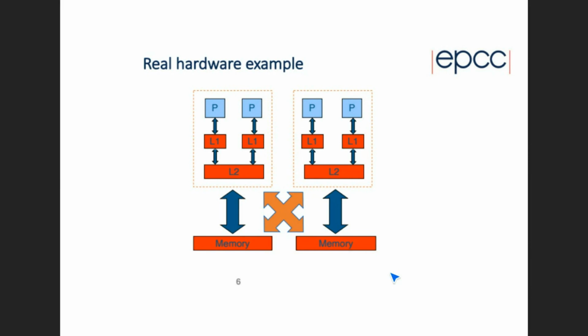Then every core has its own level 1 and level 2 cache, and every set of 4 cores shares a level 3 cache. So it's really quite a complicated and hierarchical memory system, and that's getting fairly typical of what we're seeing in supercomputers these days: very powerful nodes with lots of cores and very complicated hierarchical memory systems.